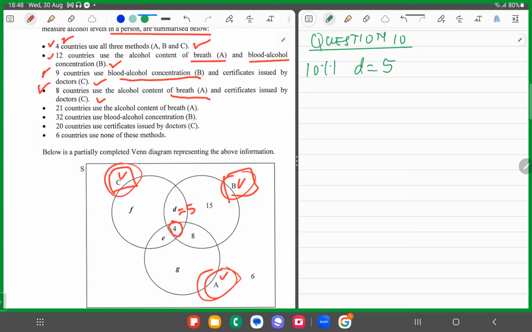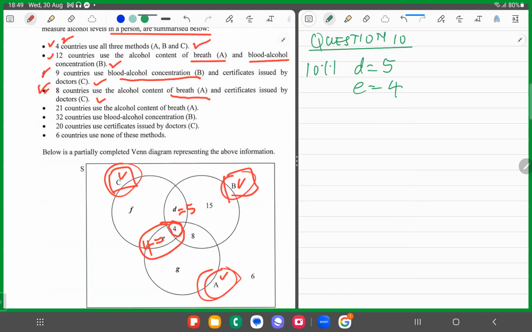It then means that for A and C, E must be 4, because 4 plus 4 is 8. So E is equal to 4.